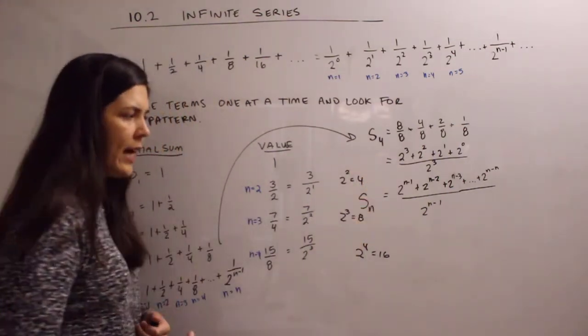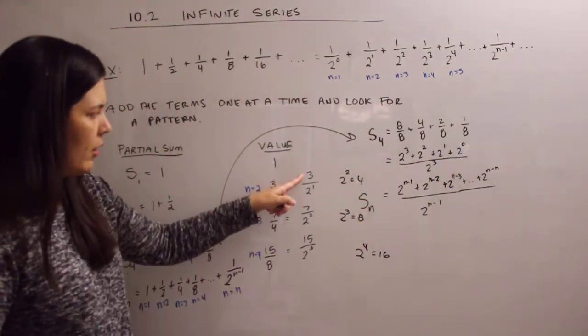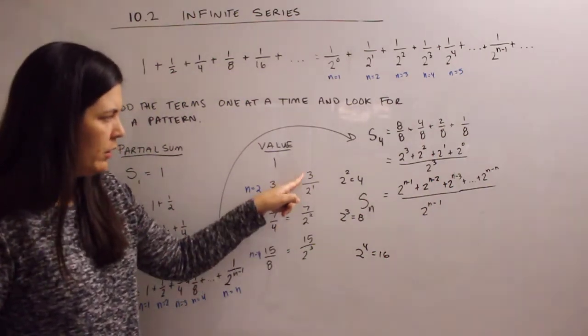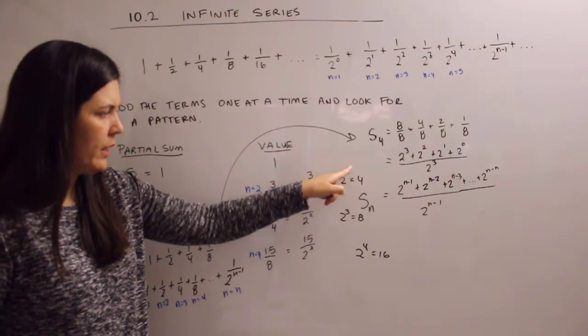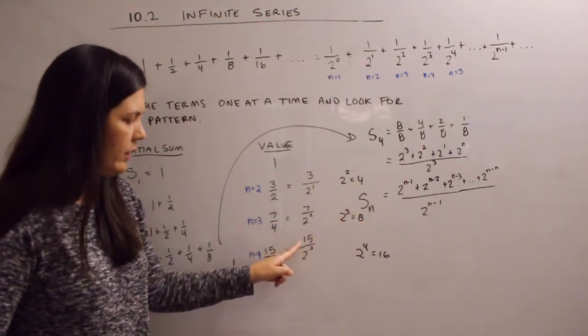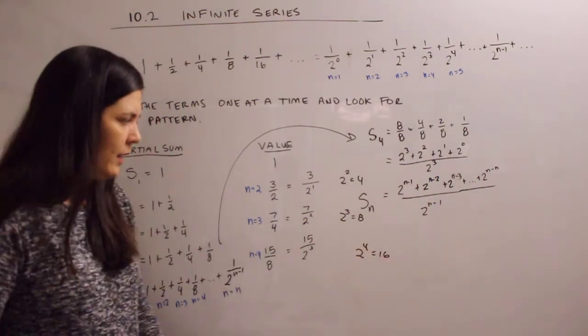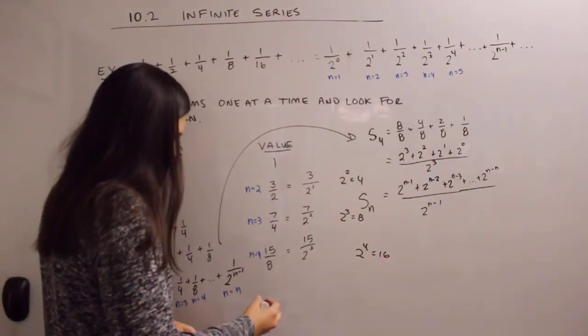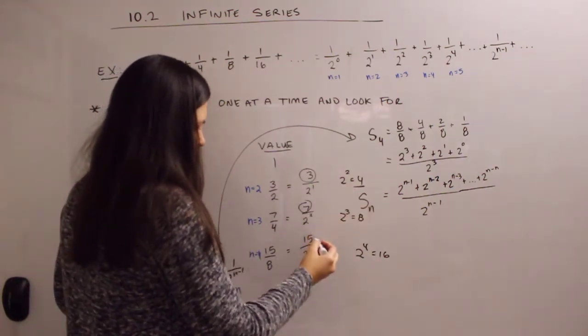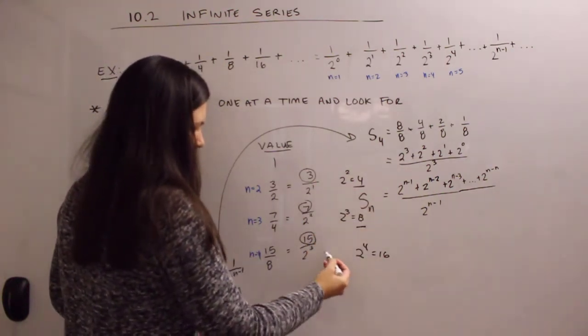And then with that in mind, look at our numerator values. 3, 2 to the n was 4. 7, 2 to the n was 8. 15, 2 to the n was 16. So if you see it now, these are all 1 less than 2 to the n. Okay? 1 less than 2 to the n.